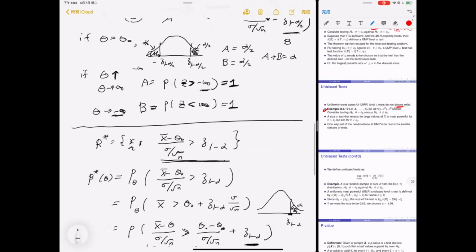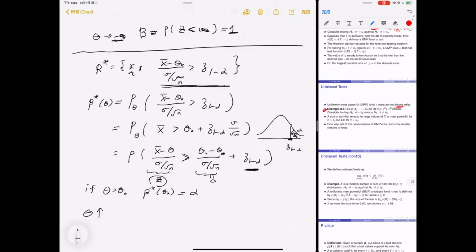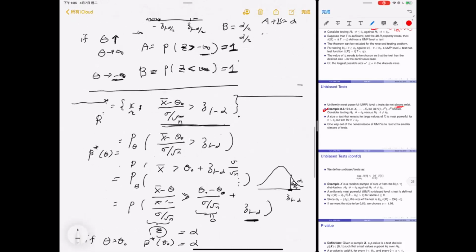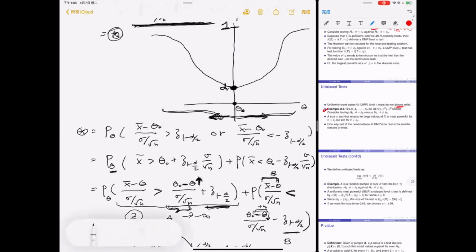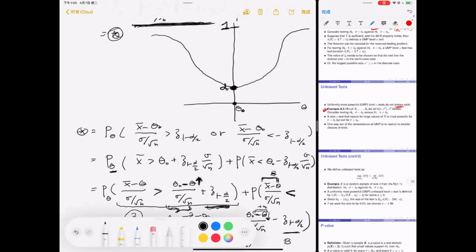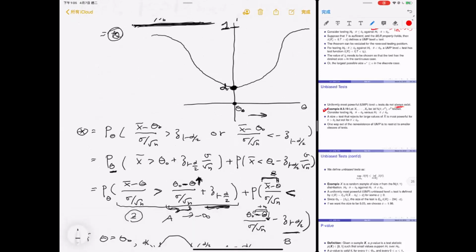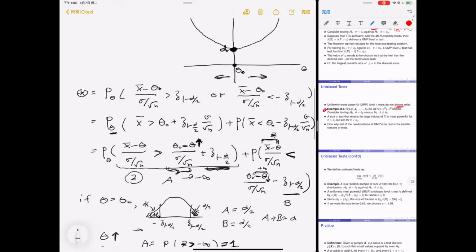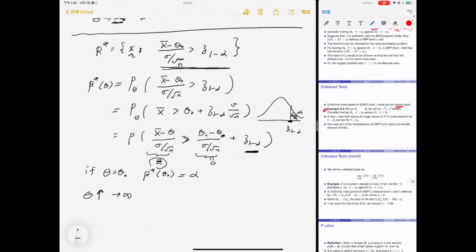Then you are trying to evaluate when theta goes up, or goes to positive infinity, which means my theta is getting bigger. Again, the same thing. If my theta is getting bigger, or getting smaller, what will happen to this test? Again, it's still similar.